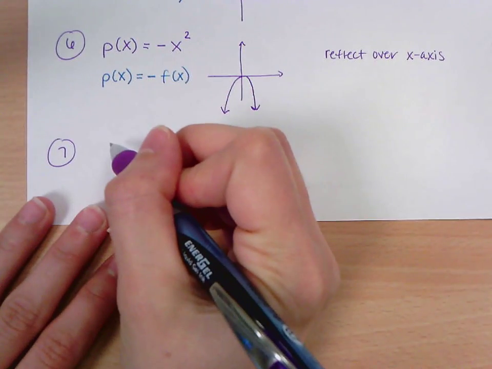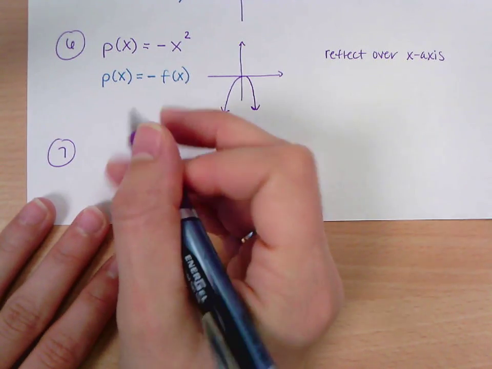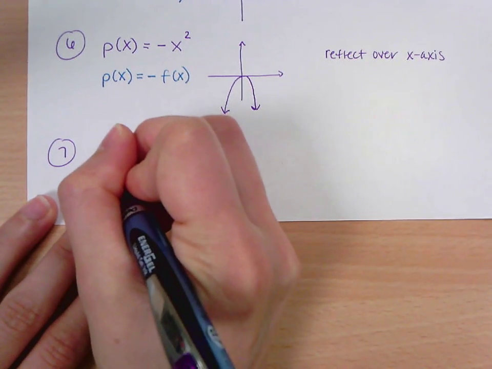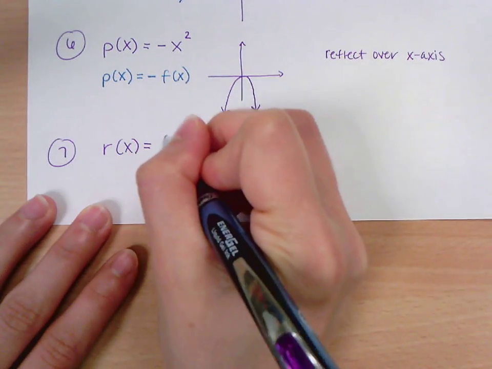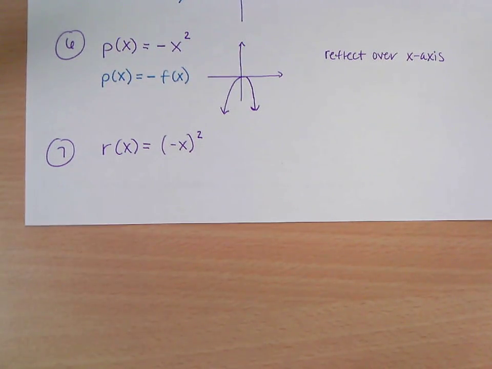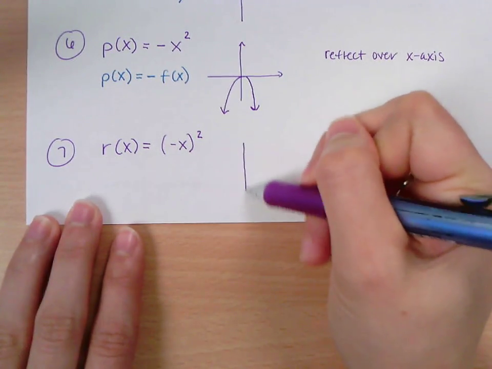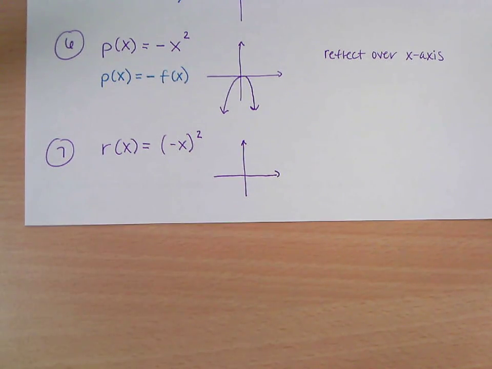So then this is the last one, aside from one I'm just going to have you sketch that has multiple transformations going on. I'll use r here. R of x is, what if it's the quantity negative x squared? So what does that negative do if it's inside?